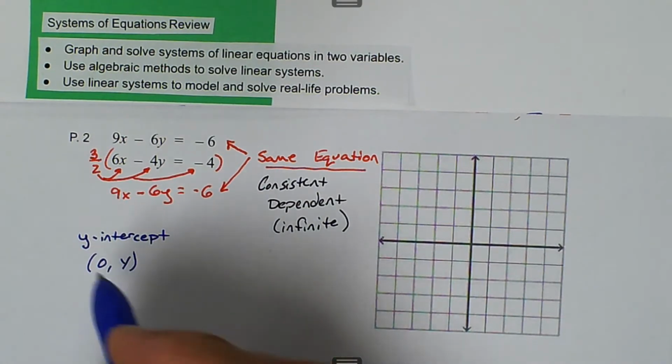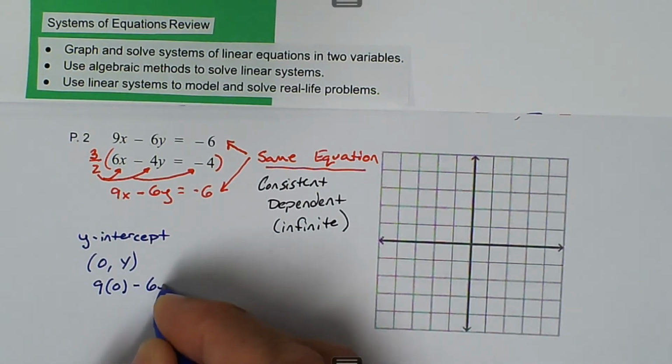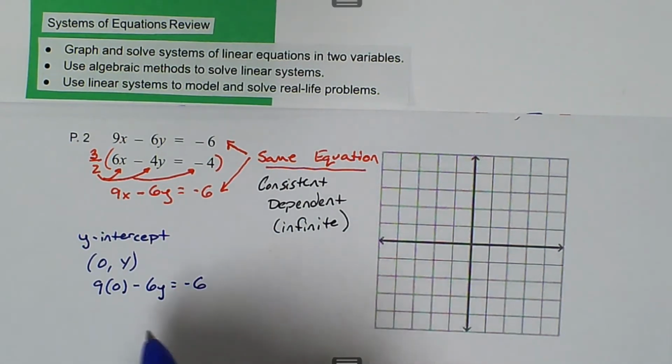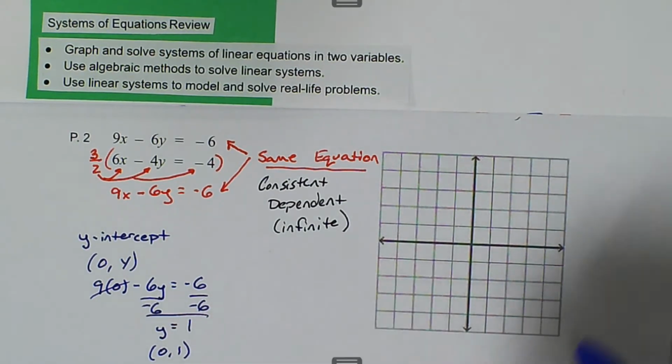So I'm going to substitute 0 in for x. So 9 times 0 minus 6y equals negative 6. 9 times 0 is 0. Divide by negative 6, and we get y is equal to 1.